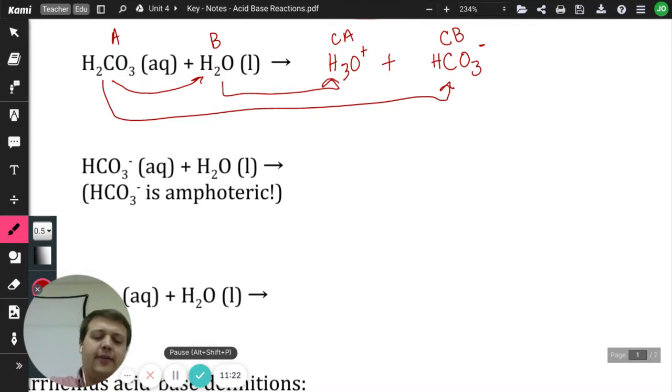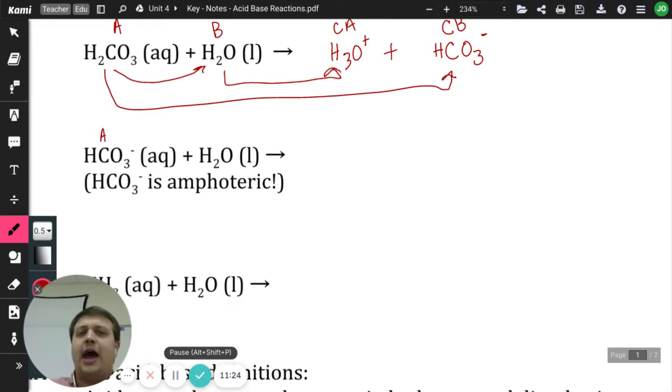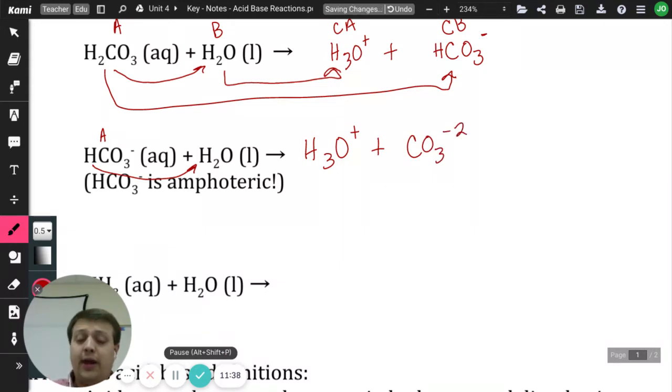If the HCO3- is acting as an acid, as a proton donor, then it would give away a hydrogen, and we would get H3O+ and CO3 2-. That is something that could happen.